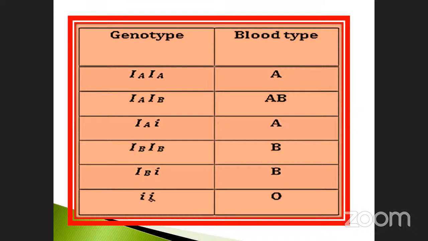Small i is recessive. Only the dominant character is expressed, so A is there. Here, IB homozygous, only B sugar molecules are present, so this is the B blood group. And then IB and small i: small i is not expressed, so B is expressed here.